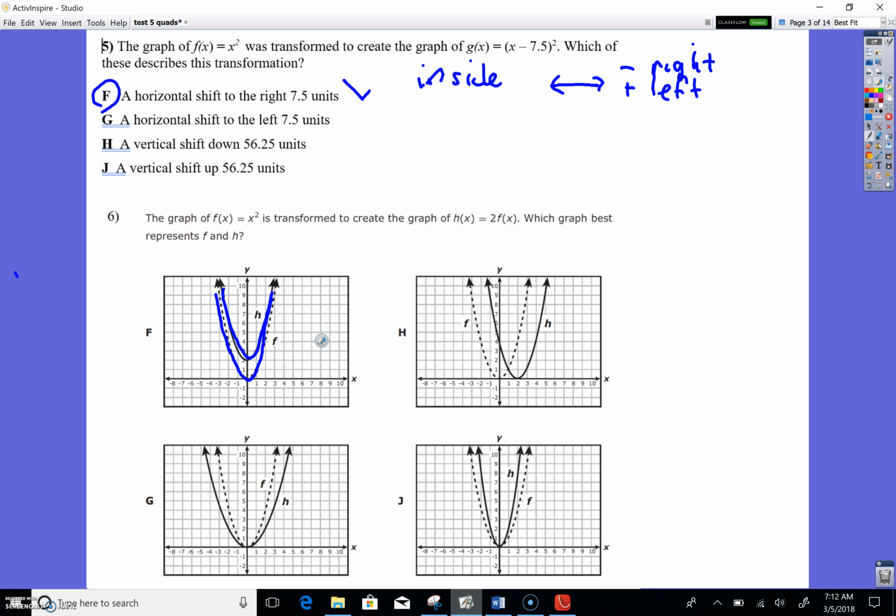Remember, if you put a 2 in front of the x squared, it makes it more narrow. So we're looking for something that is more narrow. H is more narrow, so it looks like this one. You see, h is more narrow. Over here, h is wider.